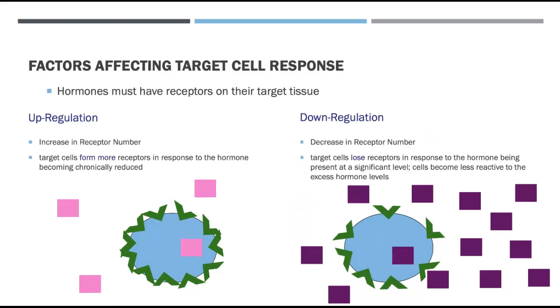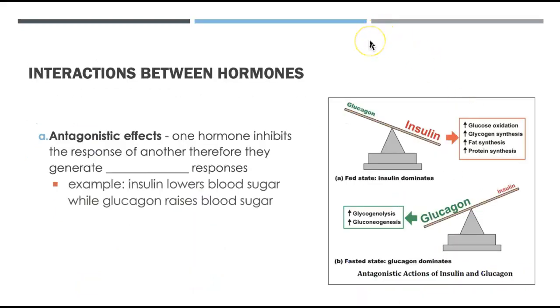So again, the hormone is going to move in, and we start to see that we degrade those receptors through the process of phagocytosis. So now we are less reactive to the excess hormones because they need a receptor to bind to, and we don't have a lot.